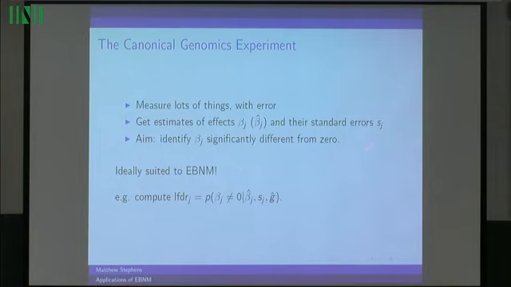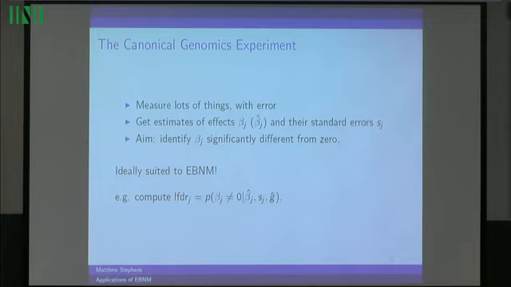A simple example would be, they measure the expression or the activity of a bunch of genes, say 10,000 or 20,000 genes, in humans and in chimps, and they want to ask which genes are showing the biggest difference between their activity in humans versus chimps.